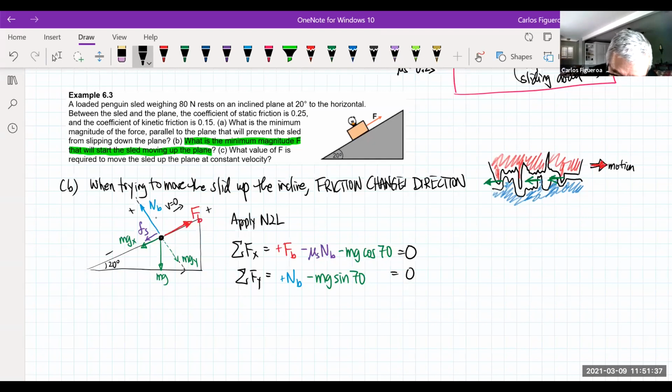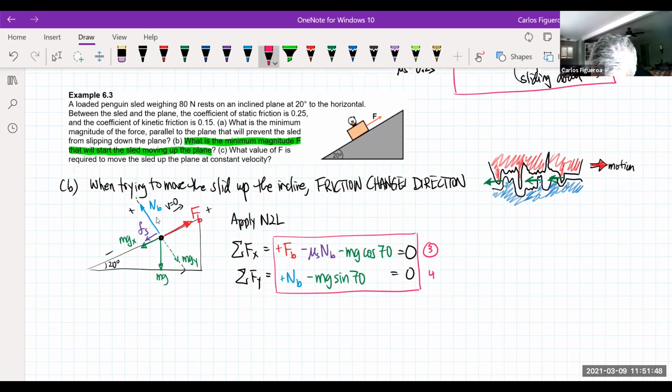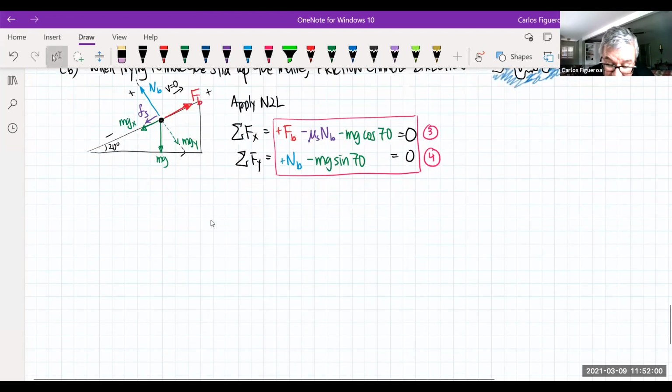So what you're seeing here is that I now have my N2L equations, equation 3 and equation 4. So I need to do the exact same thing that I did before here. Note that the normal is the same as before.